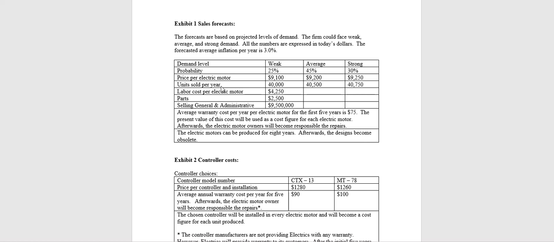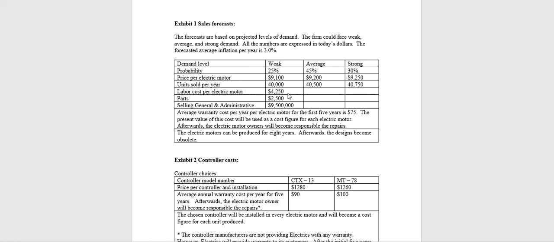More sustainable, less carbon. And so this company, Electrics, is thinking about doing the same thing. They have 3 different scenarios, different probabilities of prices of electric motors in the market, number of units they will sell every year. But based on those scenarios, they have the exact same cost no matter what scenario.